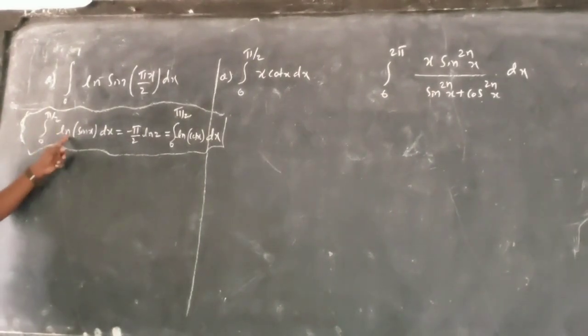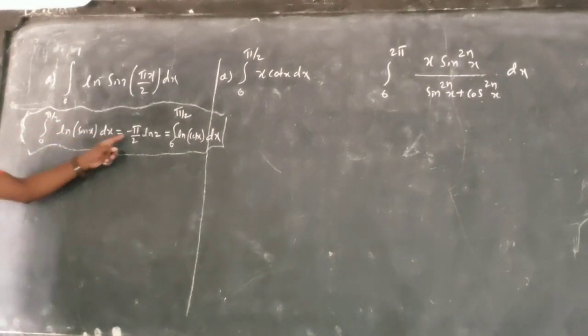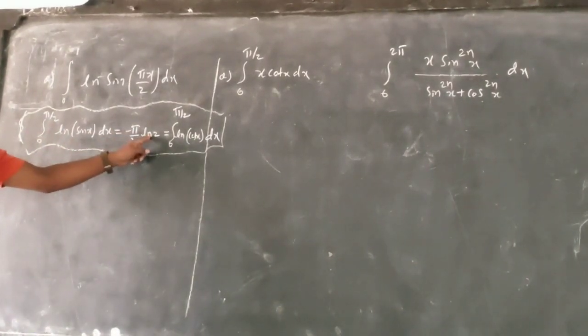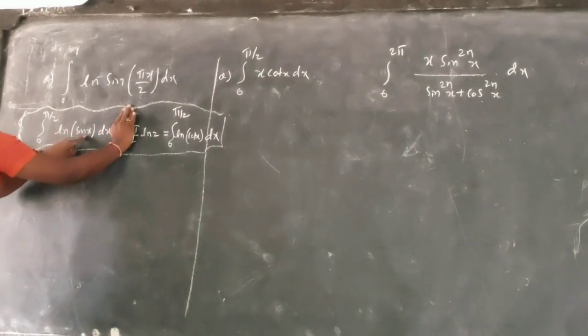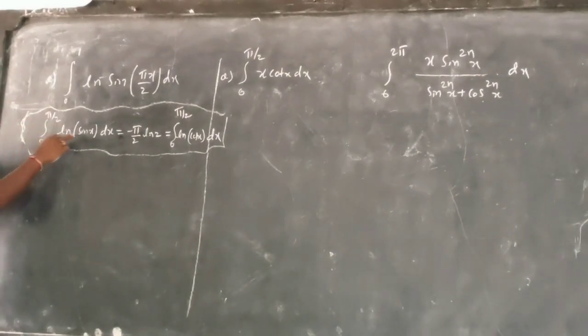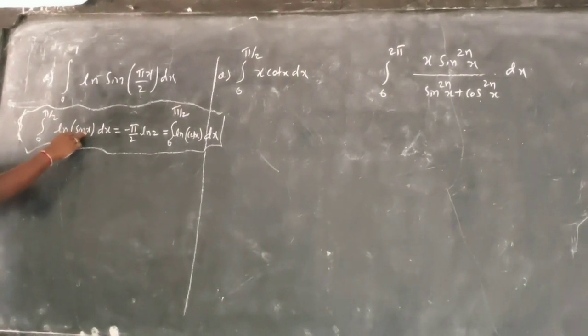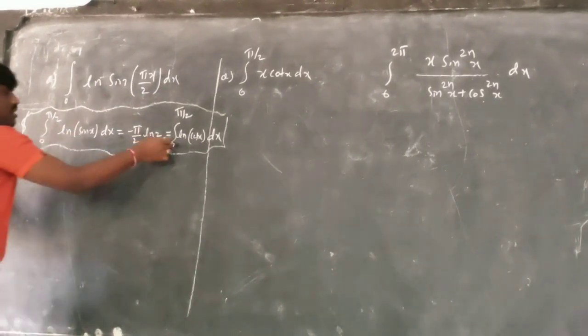Integral 0 to pi by 2 ln sin x dx is minus pi by 2 ln 2, we got. If I apply the King rule here, what do I get? This value will be equal to integral 0 to pi by 2 ln sin of pi by 2 minus x. Sin of pi by 2 minus x will be how much? Cos x. So these both are equal.